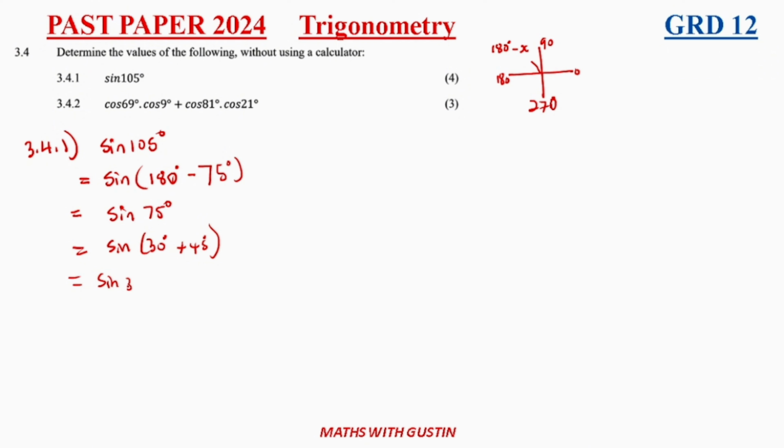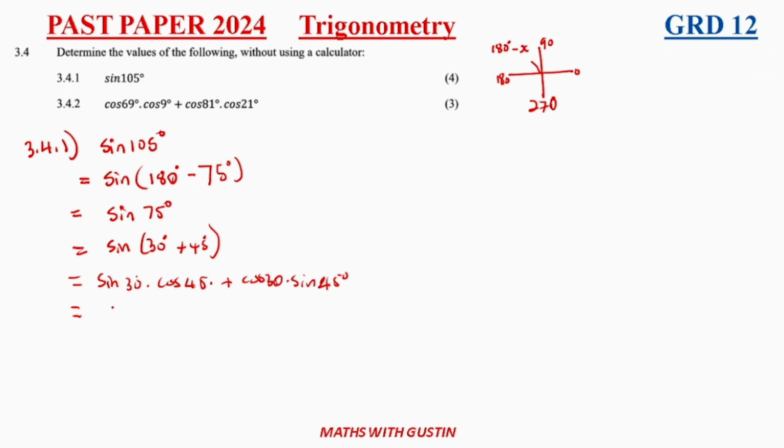So the only thing that is left here is to expand this. So sine 30 cos 45 plus cos 30 sine 45, sorry about that. Now there's no bracket here. Now you can go to your calculator and simplify this.